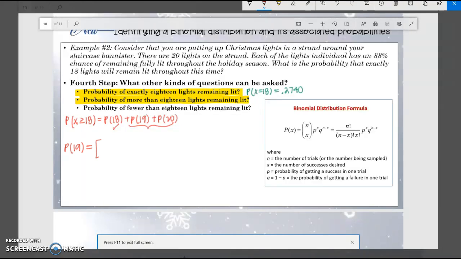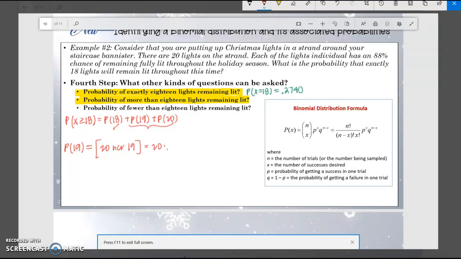Probability of 19, that means I'm going to input into my calculator 20, pick 19. When I do that, so 20, math, probability, pick 19, I get out 20.